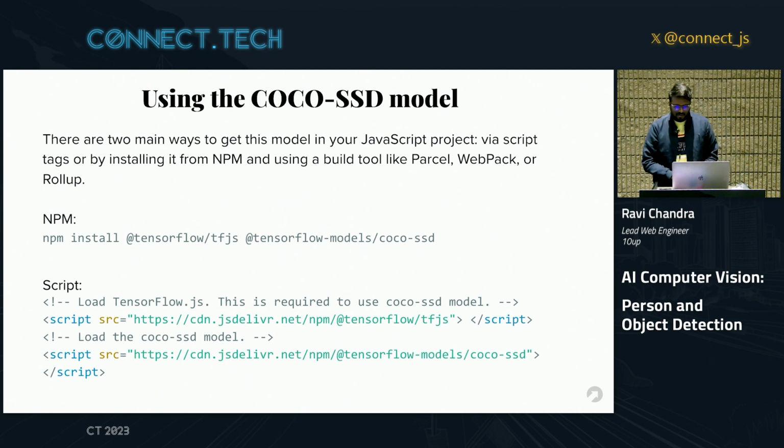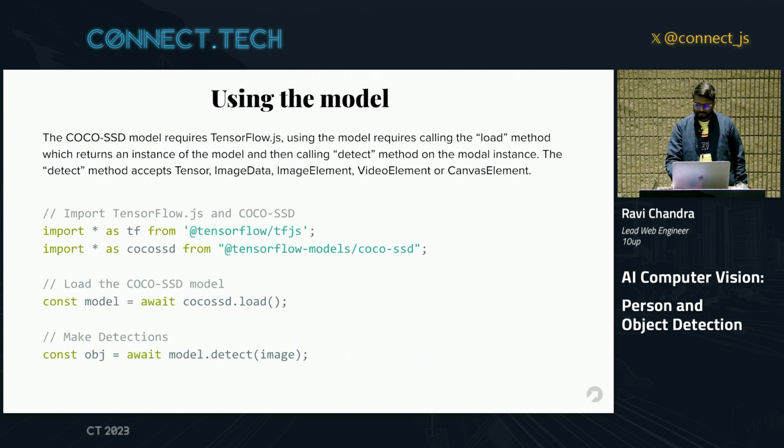Now using the COCO SSD model, it's pretty simple. You either do an npm install or you just include those two JavaScript files hosted on CDN. Now to use the model, we call the load method of the COCO SSD global object itself.